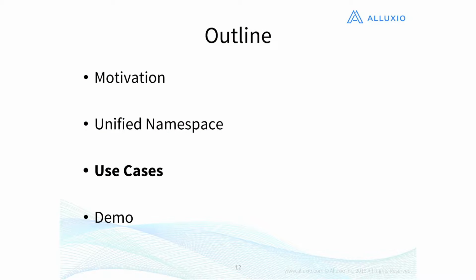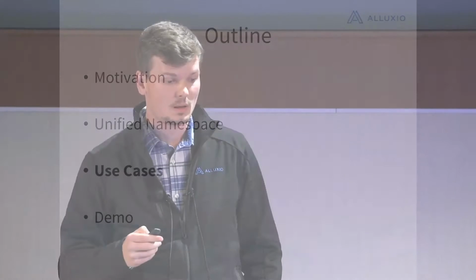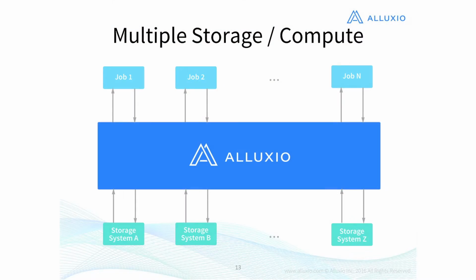So after I talked a little bit more about how the unified namespace feature works and what its components are, let's go over some high-level use cases for where Alluxio and Alluxio's unified namespace might be a good fit for your needs. This is actually a very, very general example that can match a lot of use cases. It's basically an example where you would like to build a data processing pipeline that uses either multiple compute frameworks or multiple storage systems.